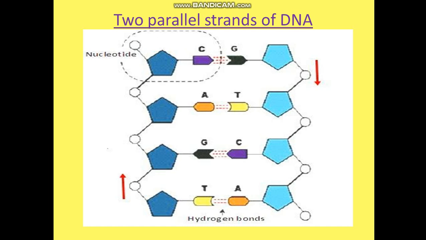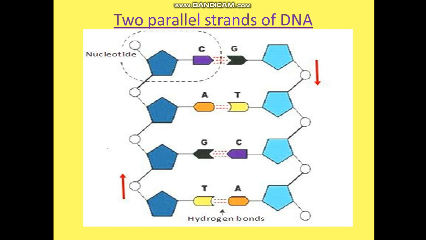It is upside down. Okay, you can see the red color arrow depicted here, and just look at this diagram and make this picture in your mind that the two strands are having sugar phosphate backbone and the nitrogenous bases are stacked one upon the other with complementary base pairing. This pairing is complementary. Cytosine binding with guanine, adenine binding with thymine is complementary to each other. That is complementary base pairing.